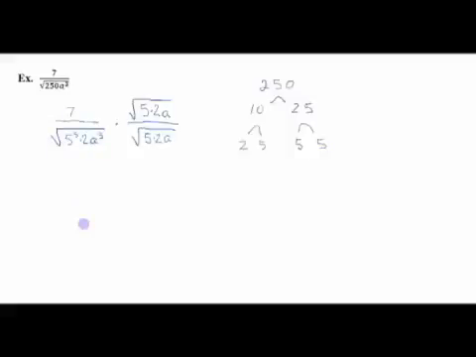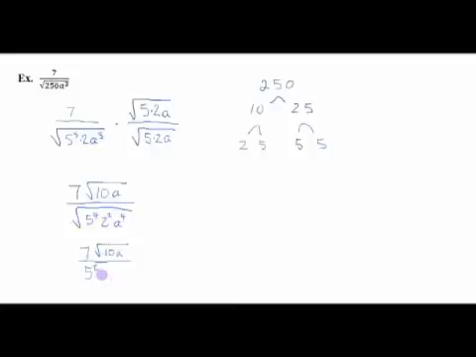Now we go ahead and multiply the numerator. We get 7 square root of 10a all over the square root of 5 to the 4th, 2 squared, a to the 4th. That gives me 7 square root of 10a on top. And on the bottom, the square root of 5 to the 4th is 5 squared.